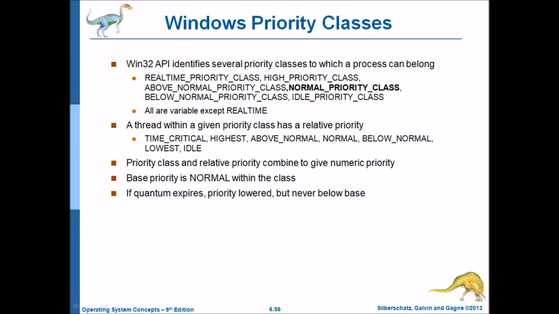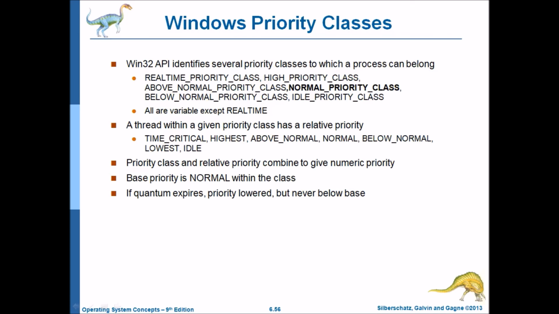Now, the Windows 32 API identifies several priority classes to which a process can belong. These are the real-time priority class, high priority class, above normal priority class, normal priority class, below normal priority class, and idle priority class.